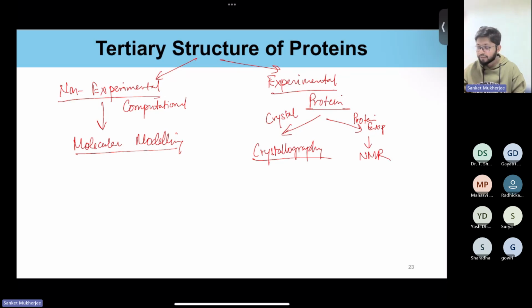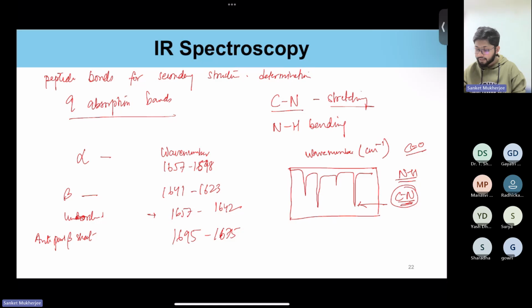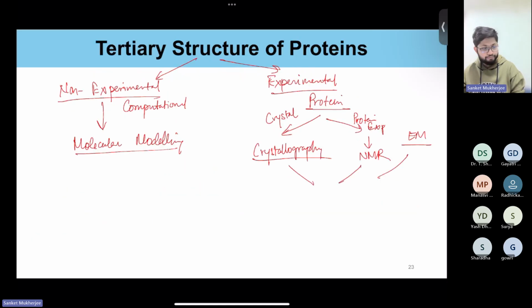Apart from that, without forming crystals, you can also do electron microscopy for large proteins. To get the best resolution of a protein, X-ray crystallography is the best way to go about it. And with all of this, you will basically resolve the protein structure.